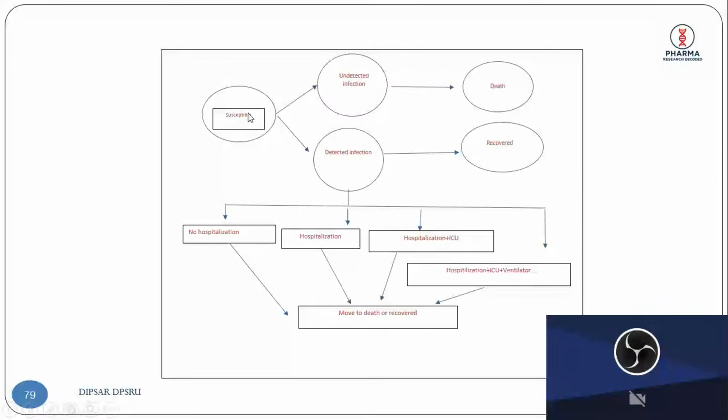Detected infections, right? It's not detected, no test has been done, it remains undetected, and the patient can die.